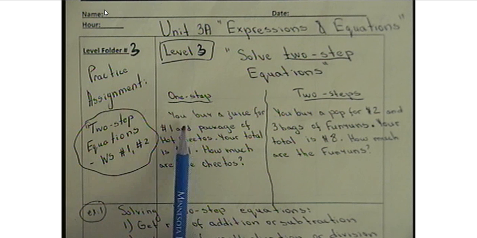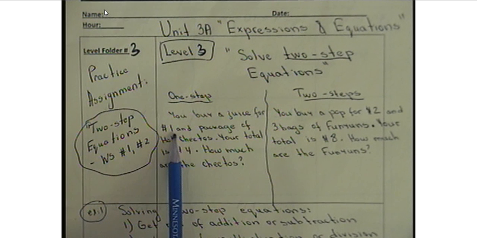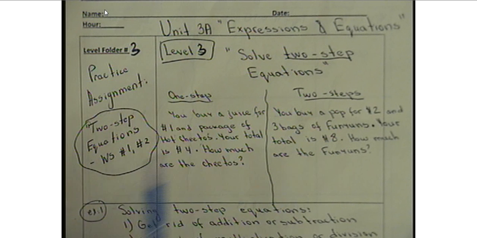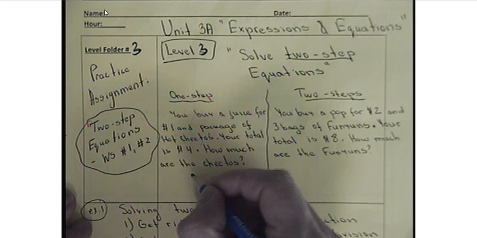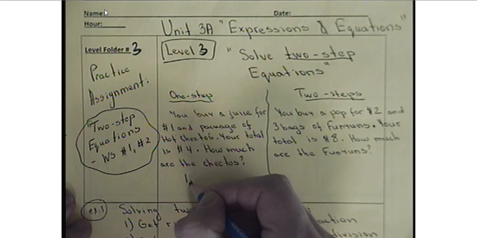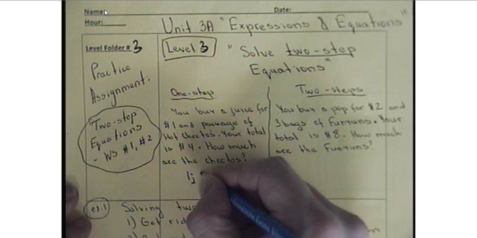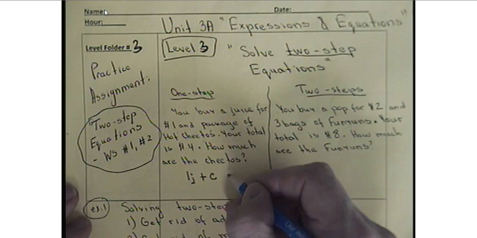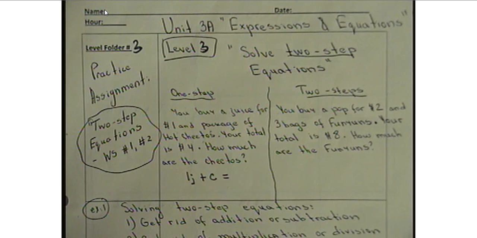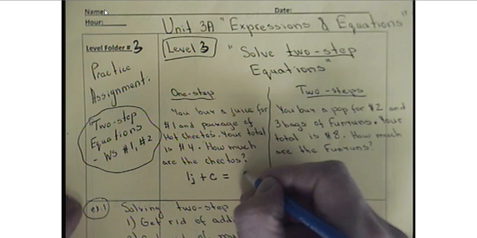You buy a juice for $1 and a package of hot Cheetos. Your total is $4. How much are the Cheetos? So you can say $1 for juice and package, which means plus Cheetos, will be equal to total of $4.